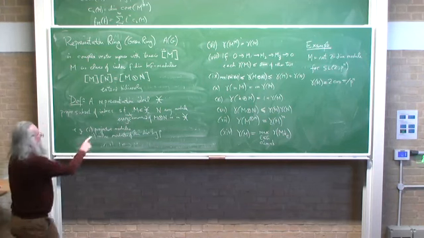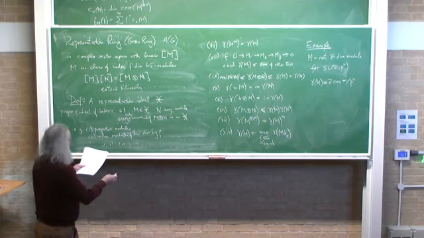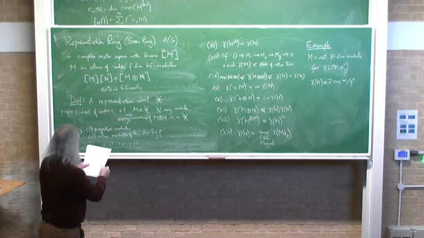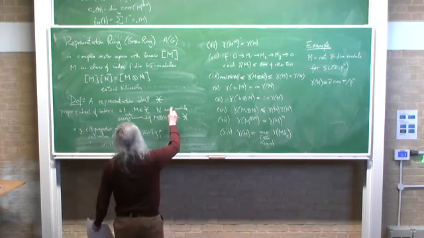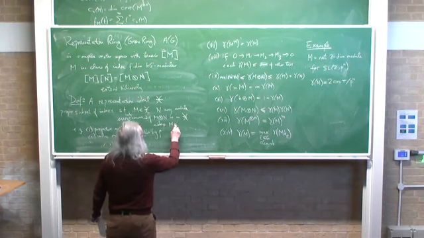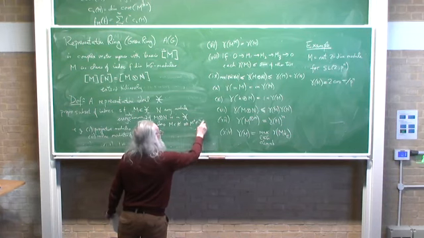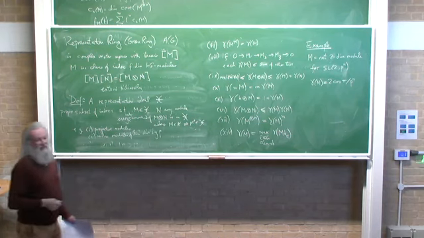So number one is sort of, what do I also want? I also want that M is in X implies M star is in X. I really want it to be closed under taking duals.